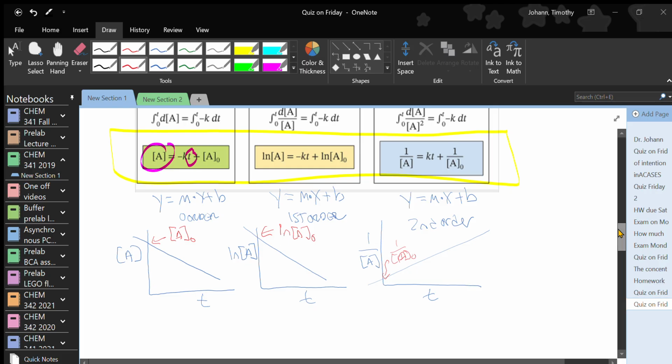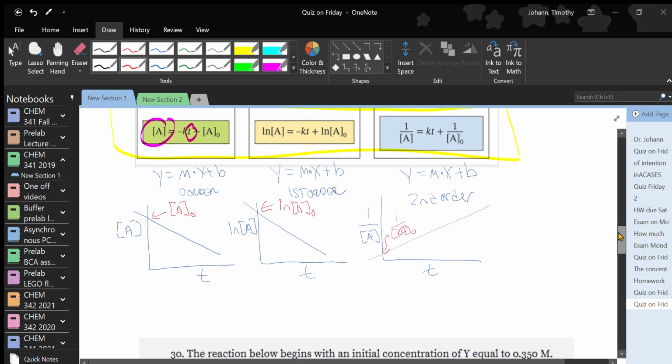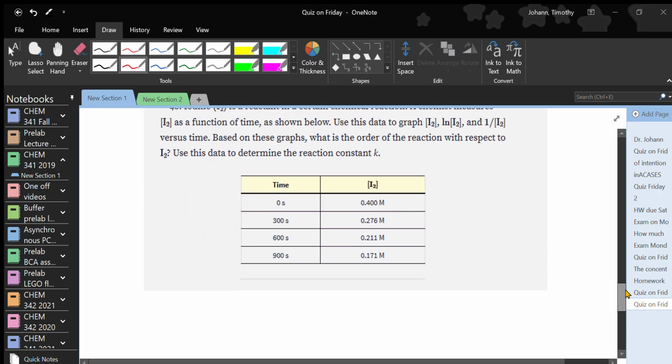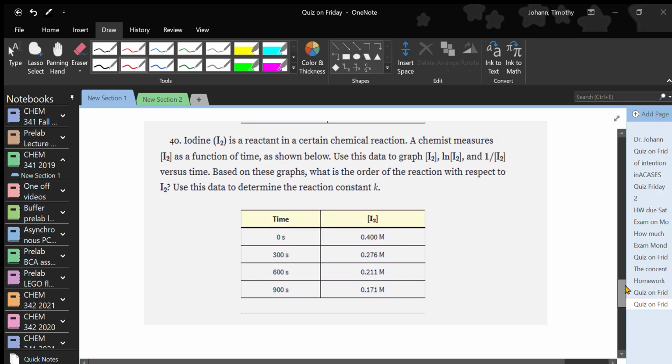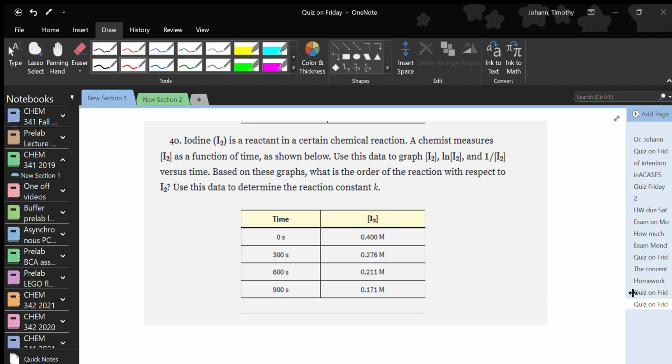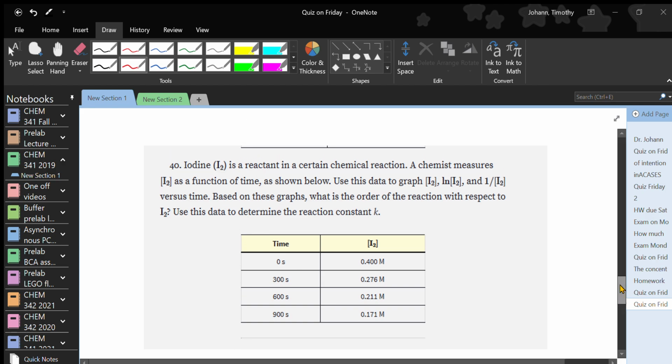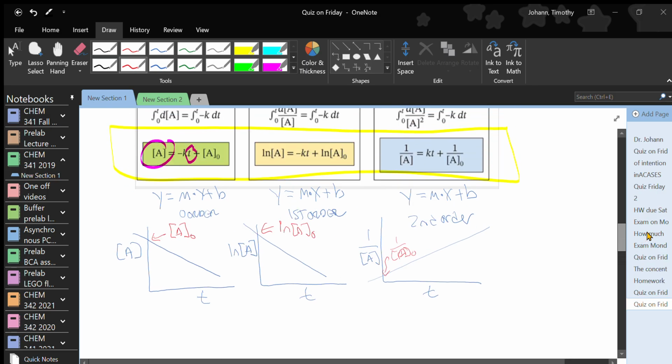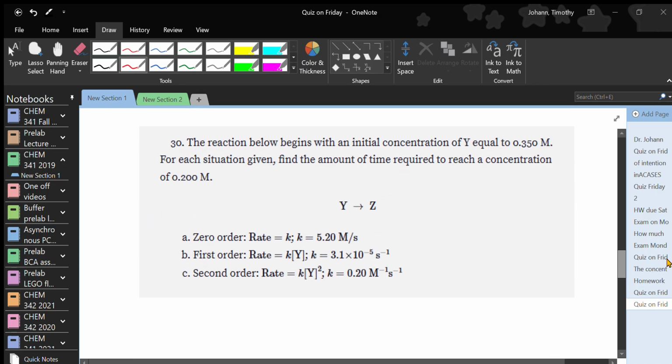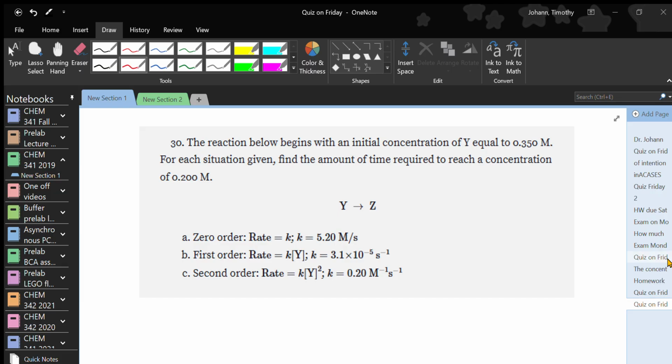Okay, if I can get you to hold off for a bit, I'm going to graph this. I'm going to make you suffer through me graphing this in real time. But it's something you're going to want to do for your lab reports, I expect. So we'll get to a problem where we can do that.